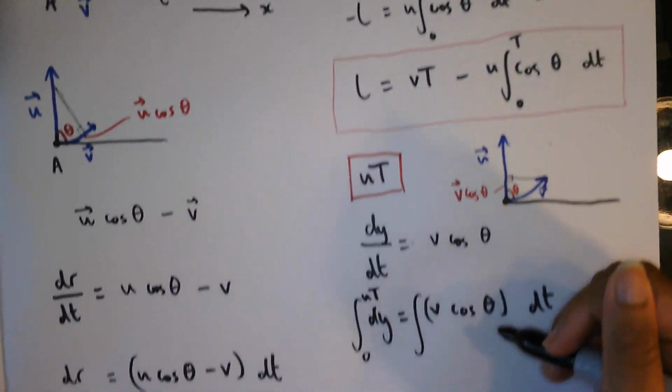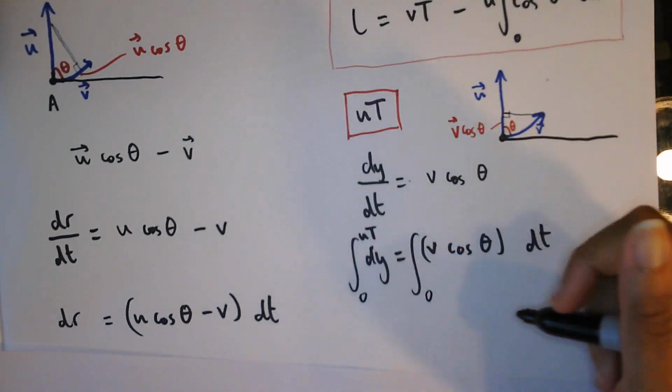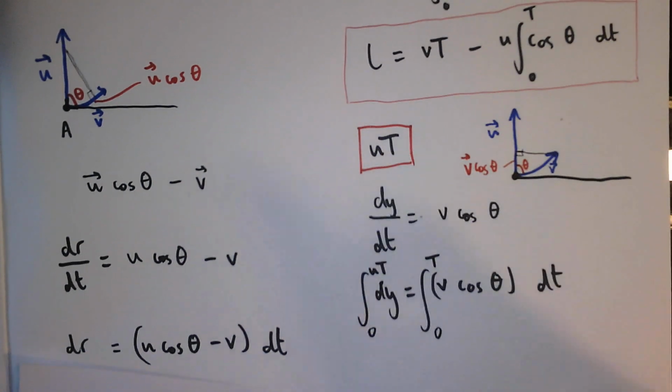On the right hand side, it's going to start from t equals 0 and go up to capital T, the time it takes for the 2 points to collide.